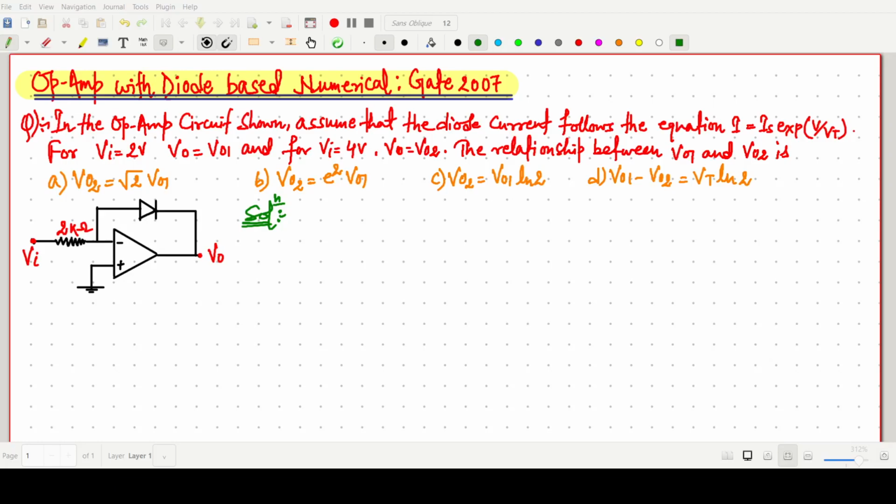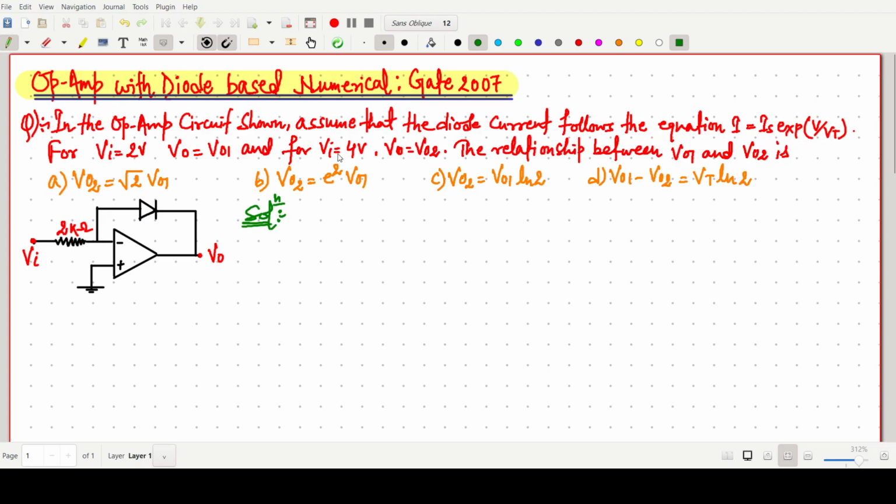Welcome everyone. In this video lecture, we will solve a GATE 2007 question which is based on an op-amp and diode connected numerical. In this question, a figure is given which consists of an op-amp, a resistance and a diode, and we have to assume that the diode current follows the general diode equation I equals Is e to the power V by Vt.